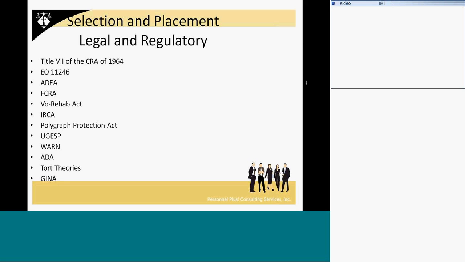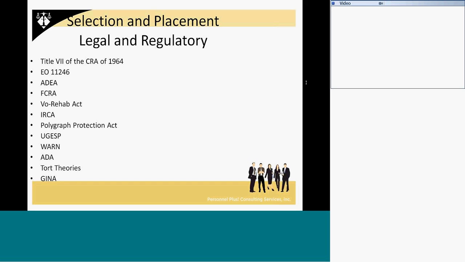Unlike Title VII, ADEA applies only to employers that have 20 or more employees. And it only protects employees that are age 40 and above. And as we know, Montana law applies to all employers and to all ages. The law is much more restrictive than the federal law.